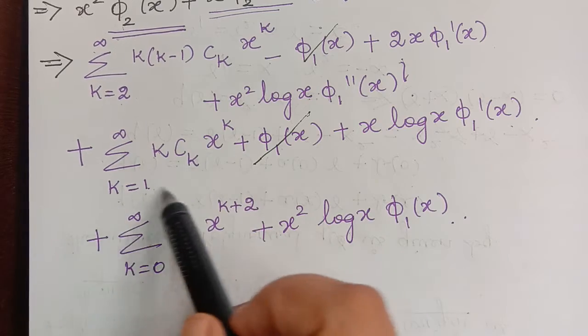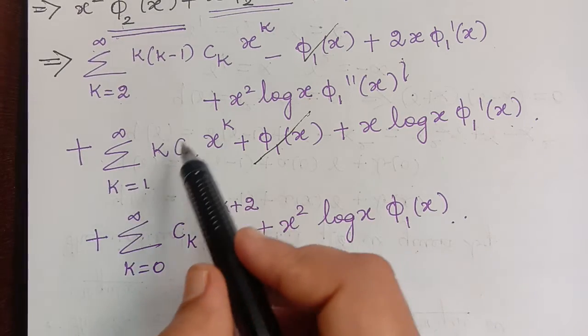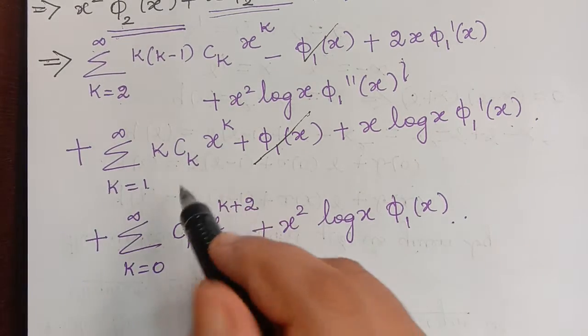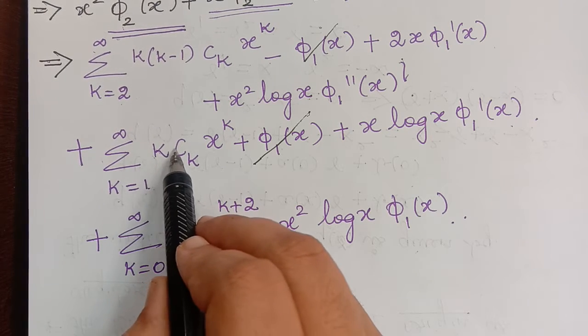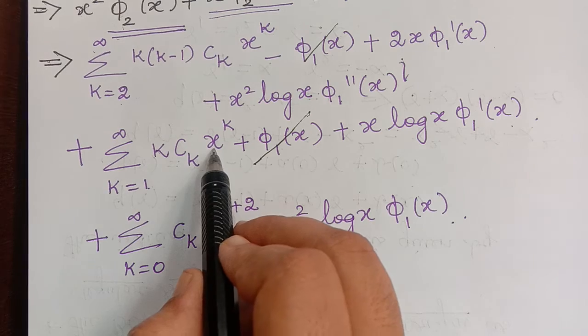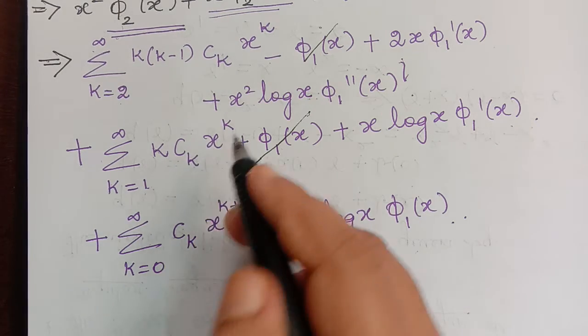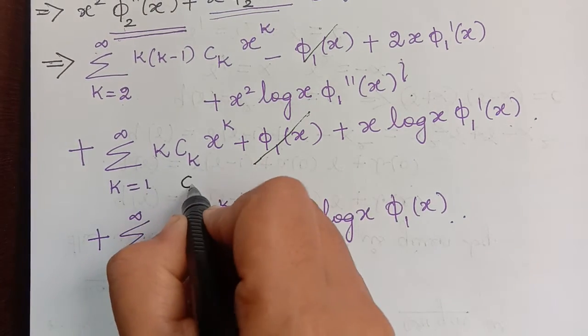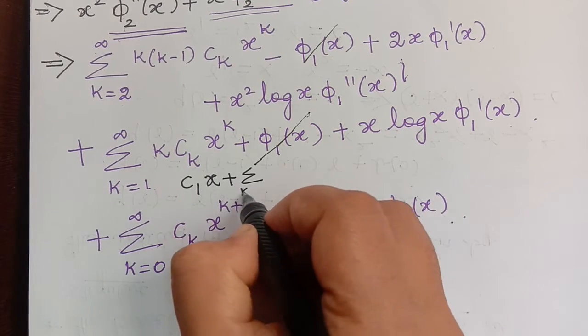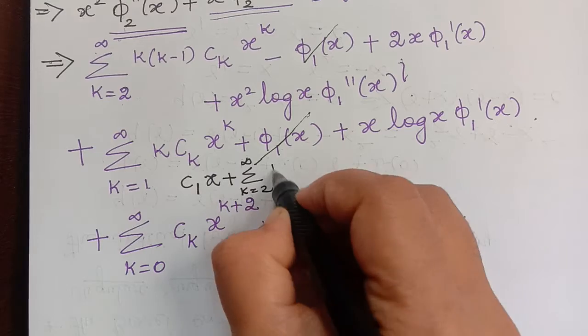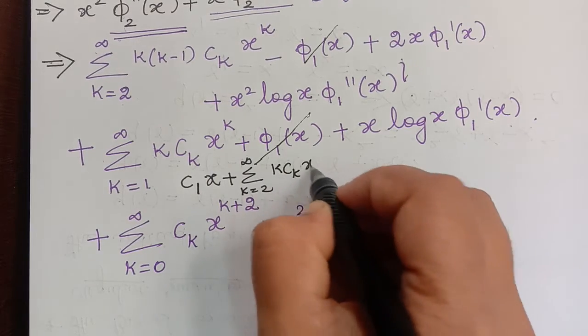So how shall we convert this for k equal to 2 to infinity? We will substitute k equal to 1 first. So when we substitute k equal to 1, this 1 multiplied with c1 x, we get x power 1, which is c1 x. So this full term can be written as, I will just show you here, c1 x plus summation k equal to 2 to infinity k ck x power k.